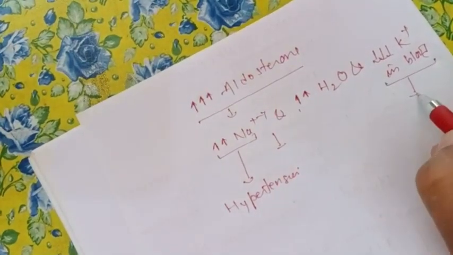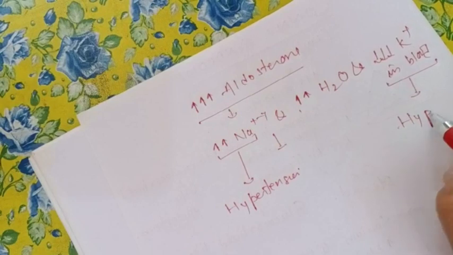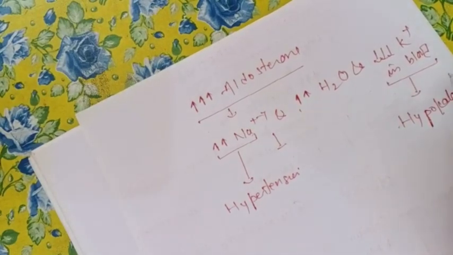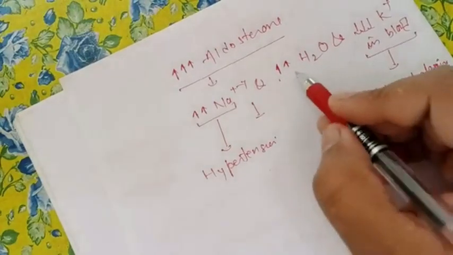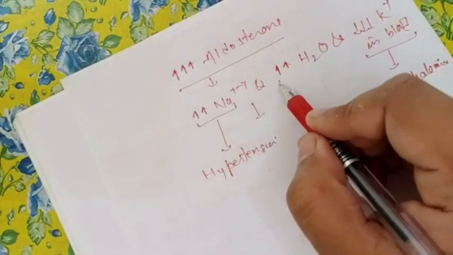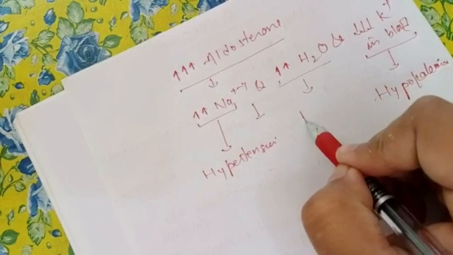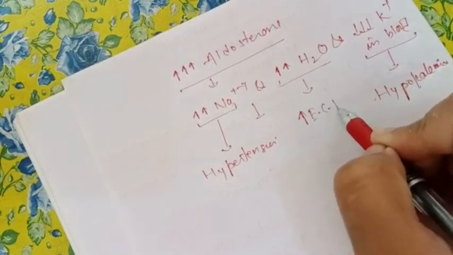Decreased potassium will lead to hypokalemia. Increased water and sodium together will increase the extracellular fluid.